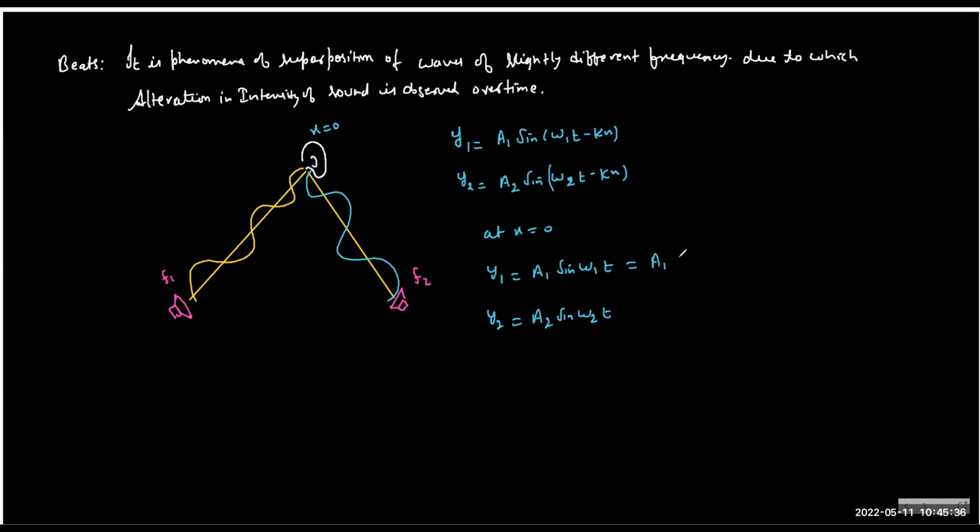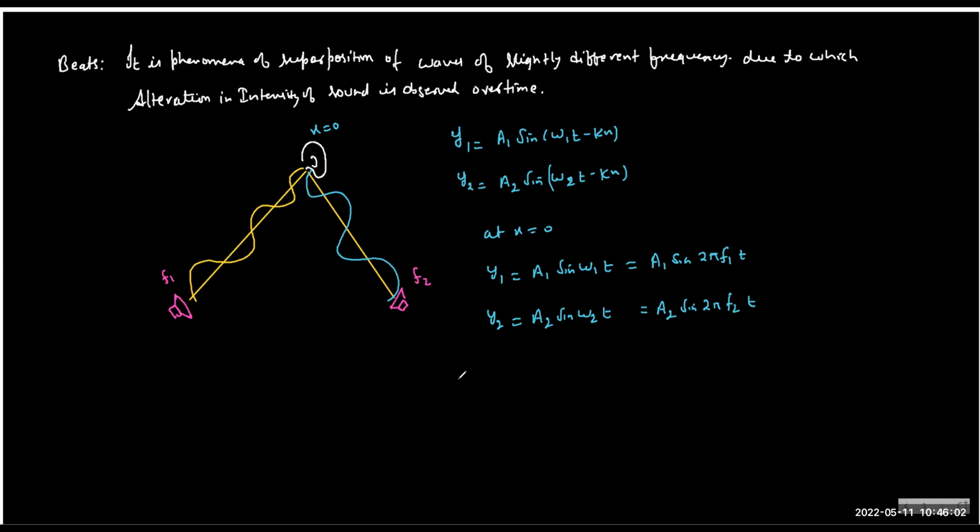You can also write this as A sin 2 pi f1 t and A sin 2 pi f2 t. Now, mathematically, if I take A1 and A2, it will be difficult to organize further into some nice relationship.